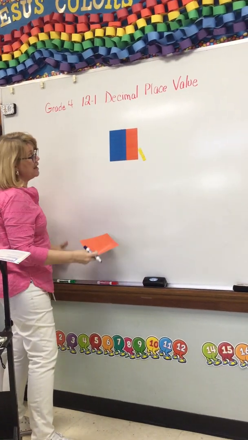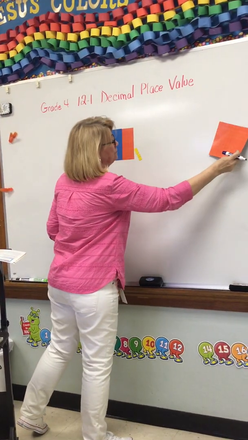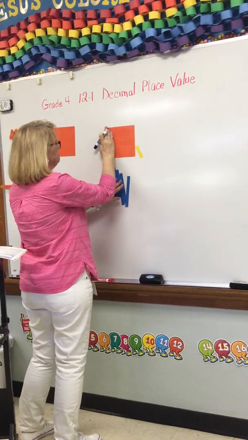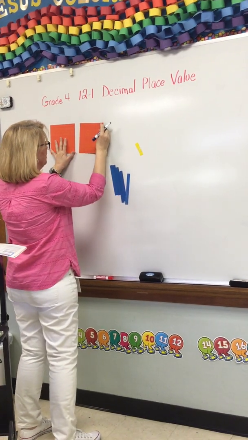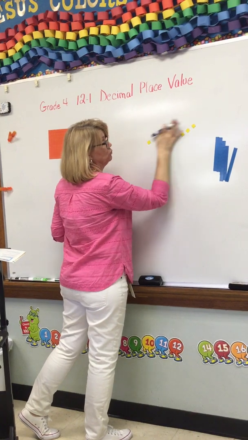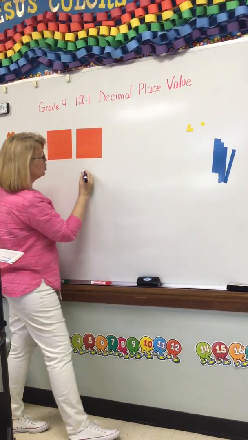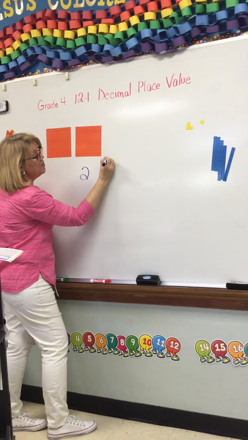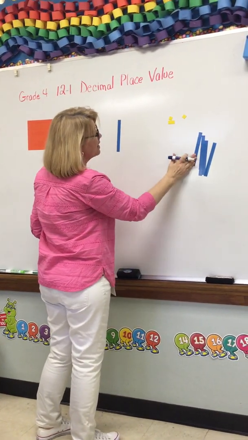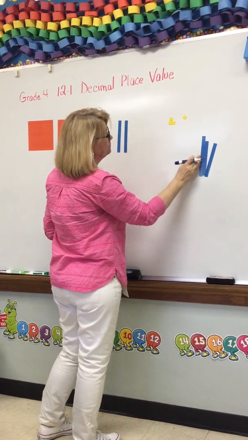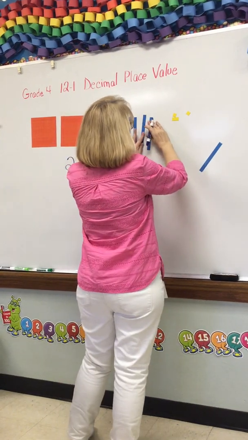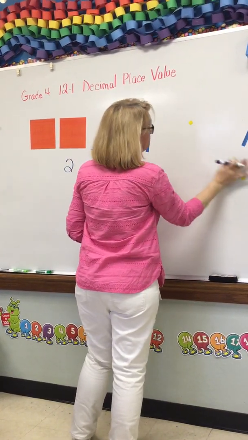Now let's say I have 200 blocks. Each one of those equals 1. So I have 2. And then I only have part of these 100 blocks. Let's say I have this.